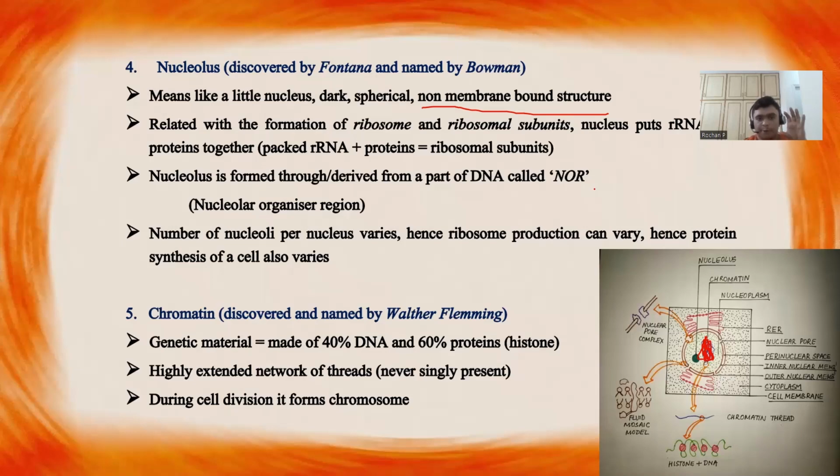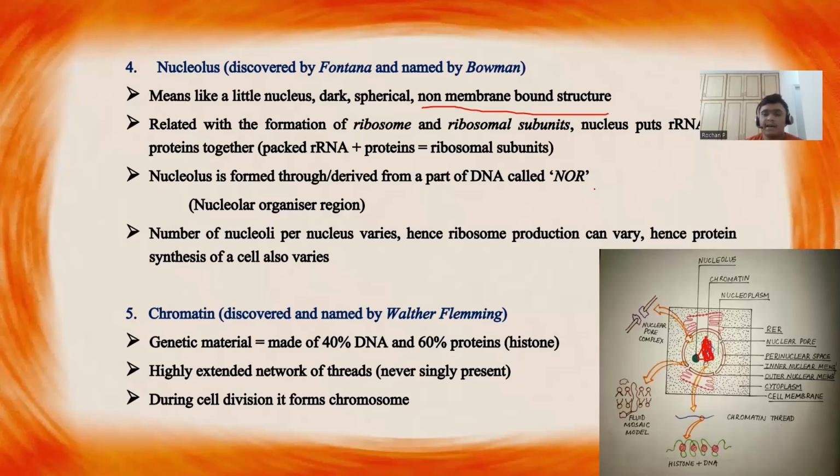So inside the chromatin thread, DNA is present, and that DNA part is called the NOR region, and from that region, the nucleolus is formed. That is about the formation of the nucleolus.